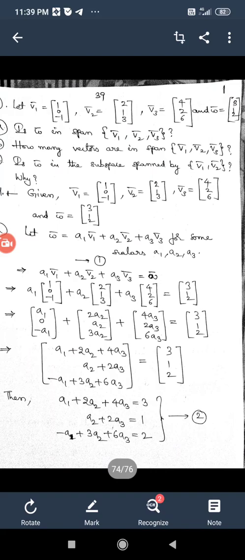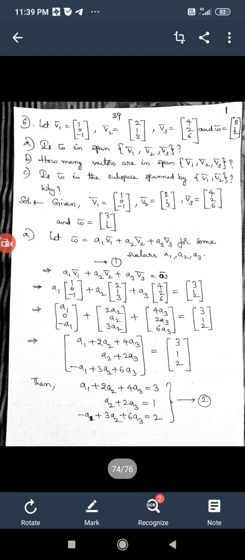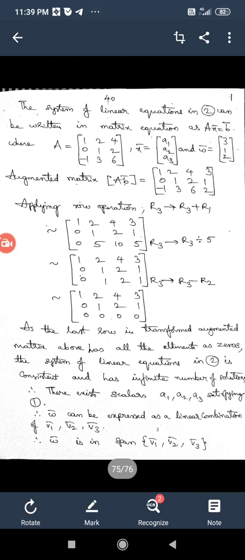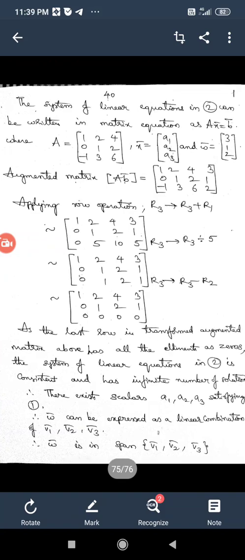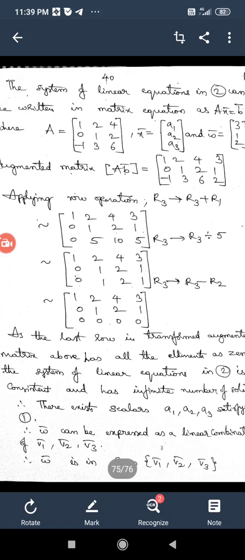I represent that linear system as equation number 2. Now the system of linear equations in 2 can be written as the matrix equation A x bar equals b bar, where A is the coefficient matrix consisting of all the scalar coefficients in the 3 equations in 2, and that is how capital A is a 3 by 3 matrix.